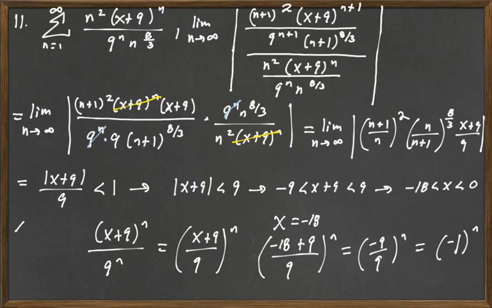Okay, so it's going to make this an alternating series. If x is equal to 0, then we have 1 to the n, which is simply 1. Okay, and so that'll give us a p series. So we're going to go ahead and erase this.